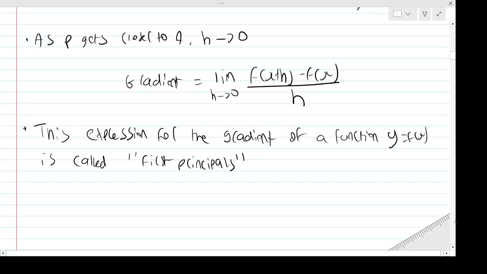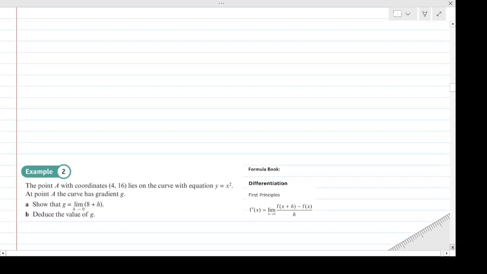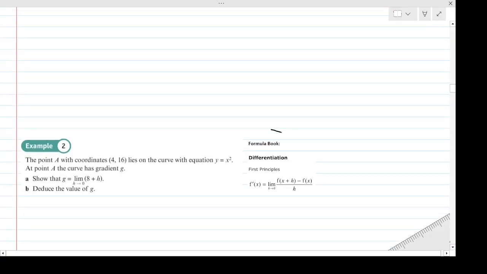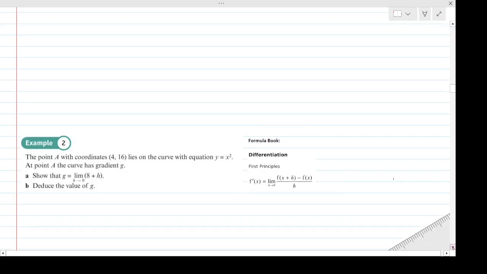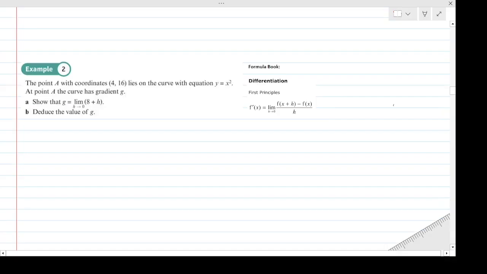So we're going to start with some questions to look at this idea. Again, this is in the formula book. This is what it looks like, so make sure you're comfortable reading that. We're given this example: a point A with coordinates 4, 16 lies on the curve with equation y equals x squared.